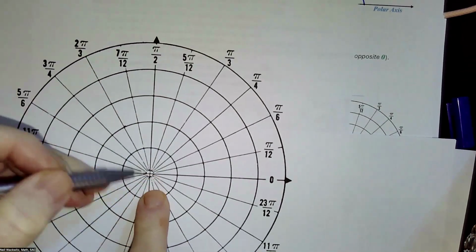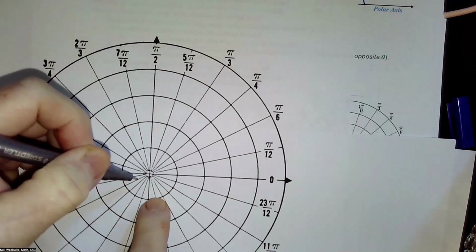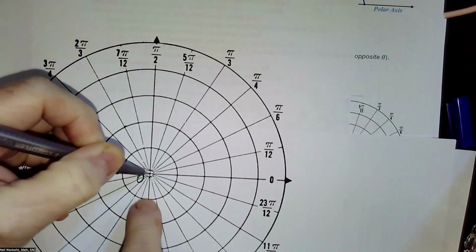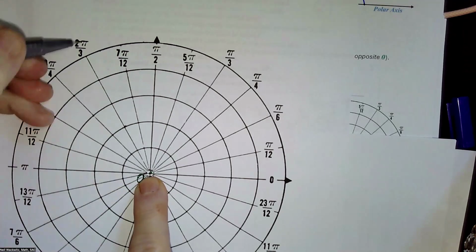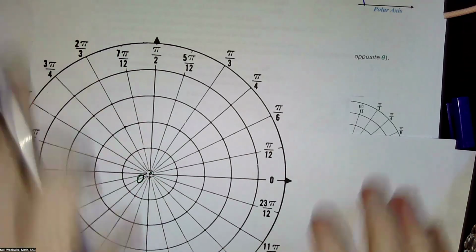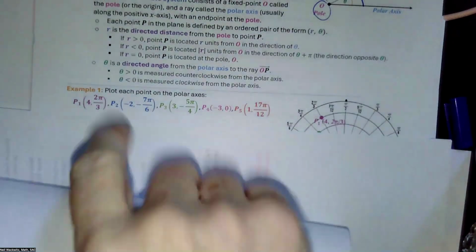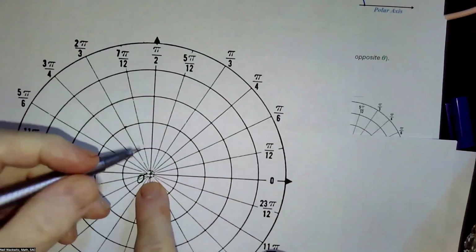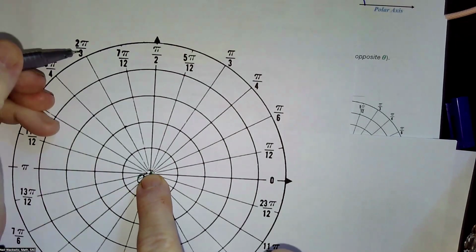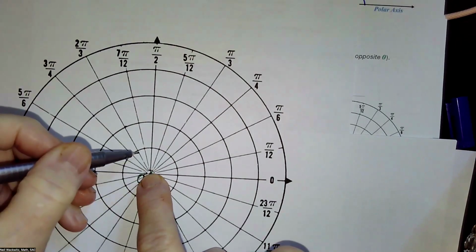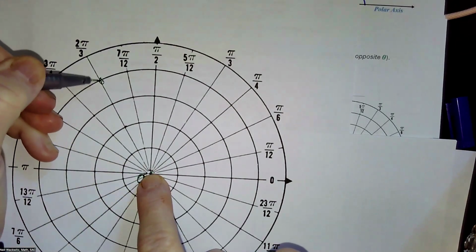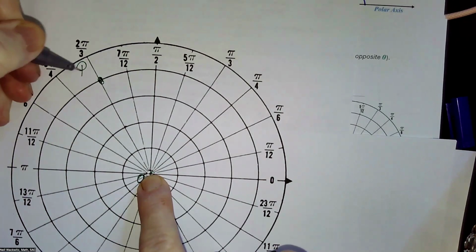And then we're going to go to the pole. So this is the pole, and we're on this angle 2 pi over 3. And we see that r is 4. So we're going to go out toward 2 pi over 3, 4 units. 1, 2, 3, 4. So that's P1.